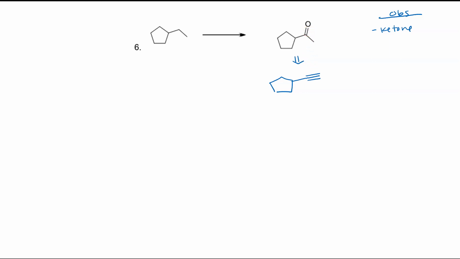And if I'm working my way back here, I can make an alkyne from a dihalogen. I can get that from an alkene.